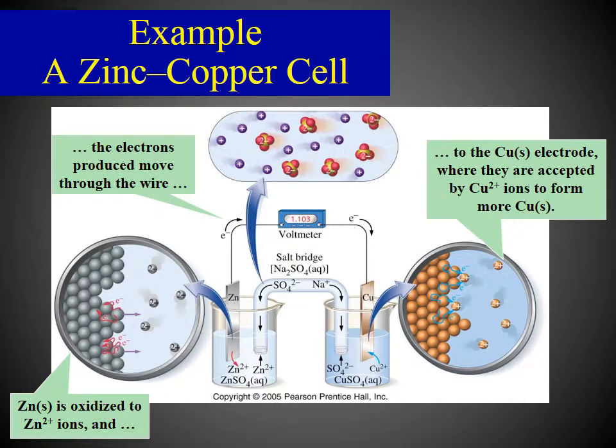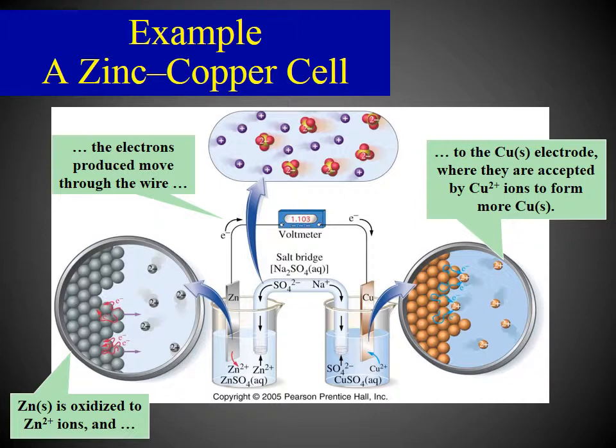which then move on to an electrode made of copper. In this case, the copper, once again, is just a carrier of electrons, because on the other side, where we have a solution of copper sulfate, it is just a place where the copper 2 ions that are in solution are being reduced and depositing on the copper electrode.